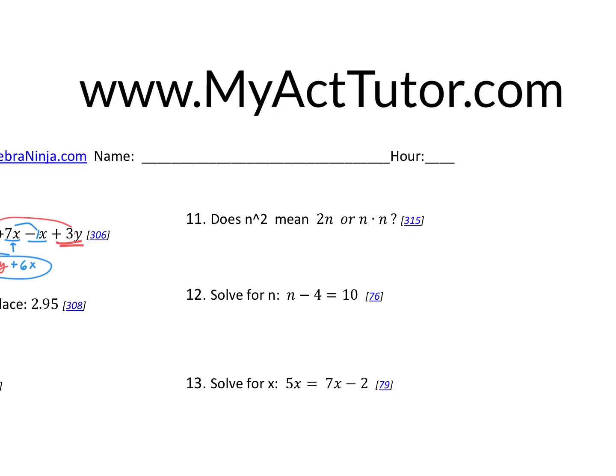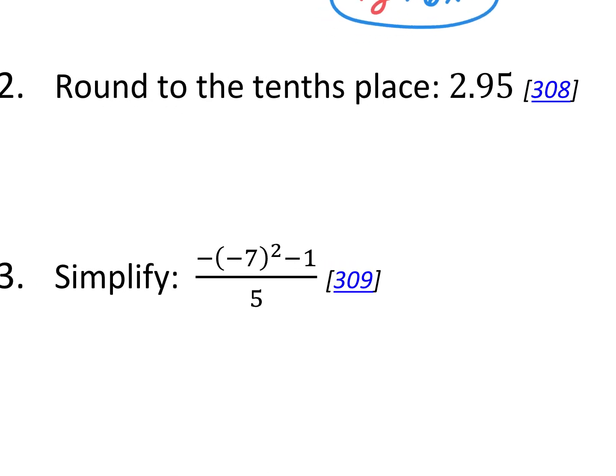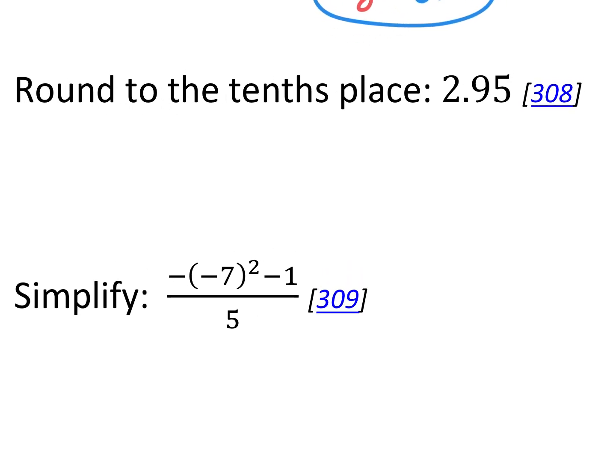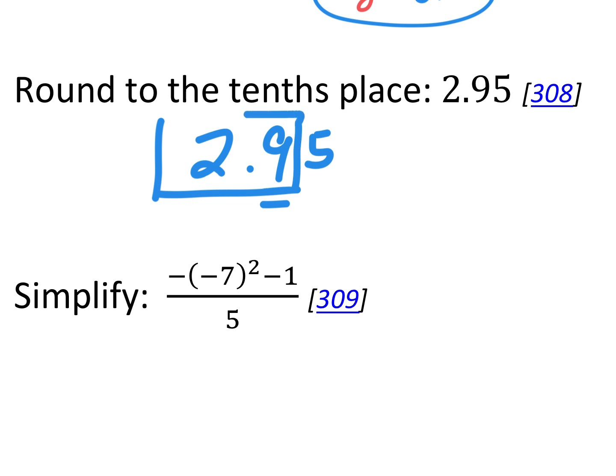For skill 308, we are going to talk about rounding to the 10th place. So first, let's talk about where is the 10th place. The 10th place is this place right here. Now, if you're rounding to that place, the way I like to think of it is I would put a box around your number ending with that place. Now your choices are either you're going to keep the number the same right there, the 9, or if the number after it is 5 or bigger, you're going to have to round it up.